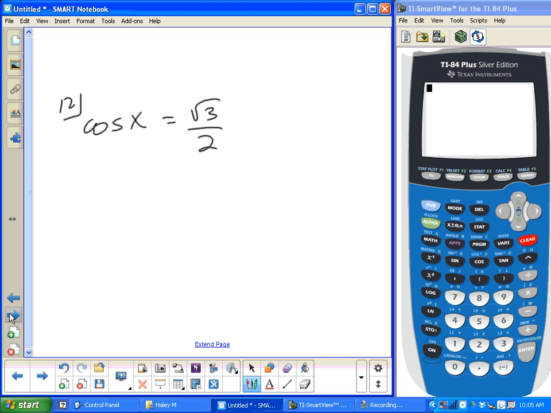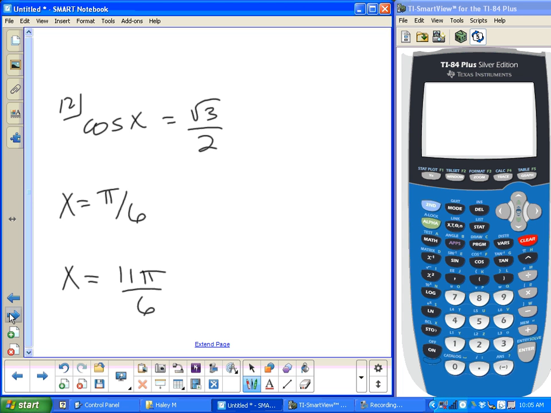In radians, pi over 6. I'm going to say x equals pi over 6. Now, where else? Because usually you have 2 locations where you have a solution. 11 pi over 6. Now, here's the thing. That's 2 solutions, isn't it?